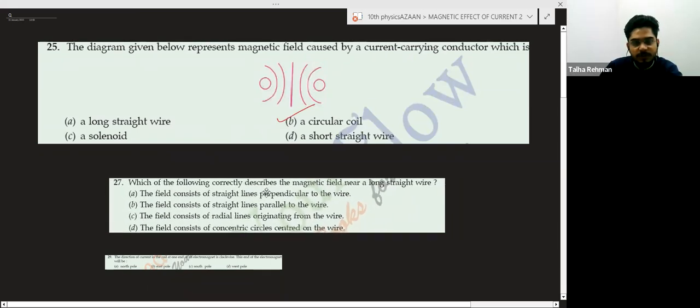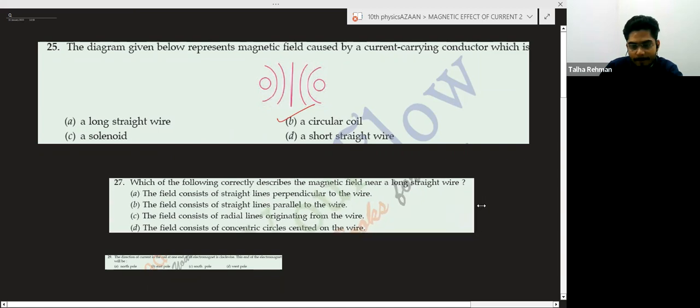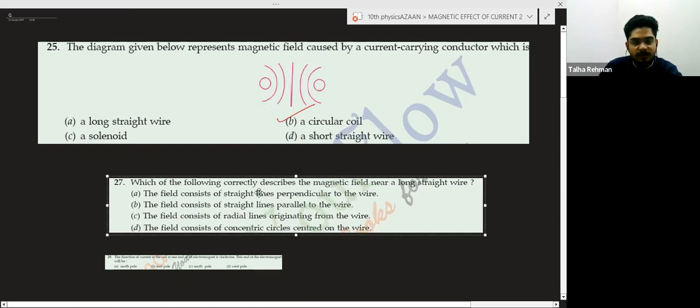Another question. Which of the following correctly describes the magnetic field near a long straight wire? The field consists of a straight line perpendicular to the wire? No. The field consists of concentric circles around the straight conductor. So basically option D will be correct: the field consists of concentric circles centered on the wire.